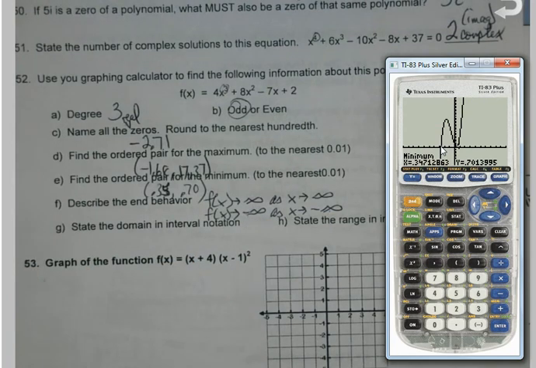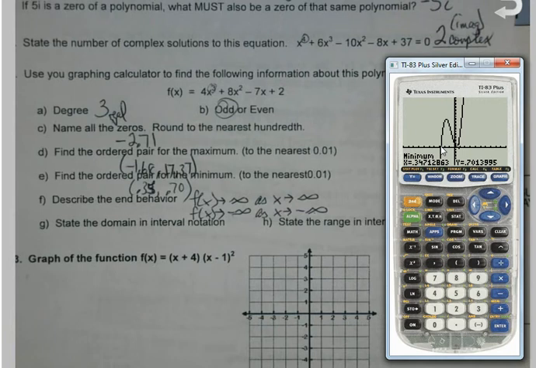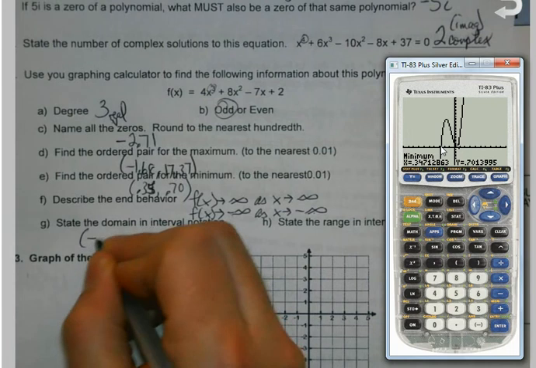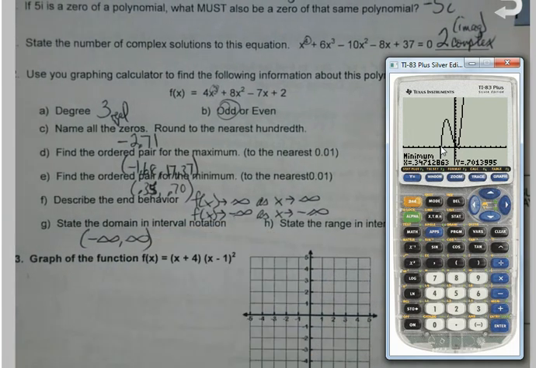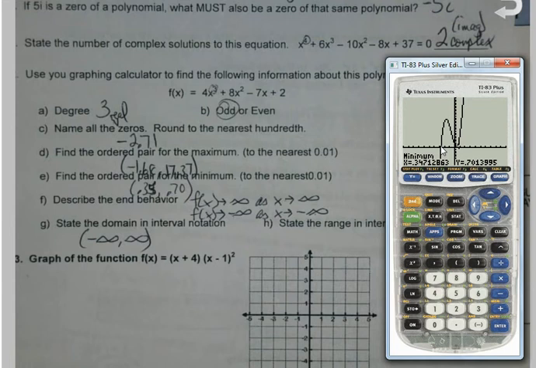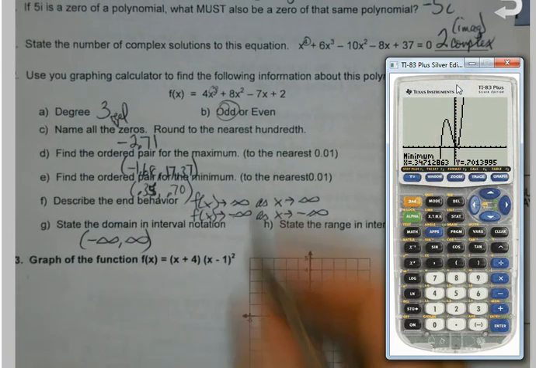State the domain in interval notation. Domain, x values, left to right. Looks like it's going forever in both directions, and that's going to be the case with all these. Okay, now the range is a little more interesting sometimes, but not in this case. Because you notice it goes down forever, it goes up forever.